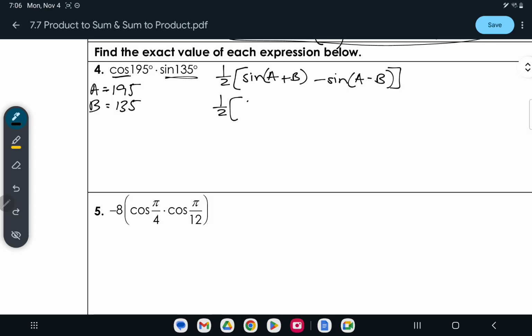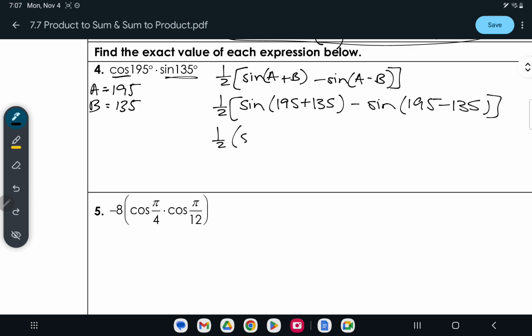So let's see what we can do here. 1/2 sine of 195 plus 135 minus sine of 195 minus 135. So let's see. What's 195 plus 135?